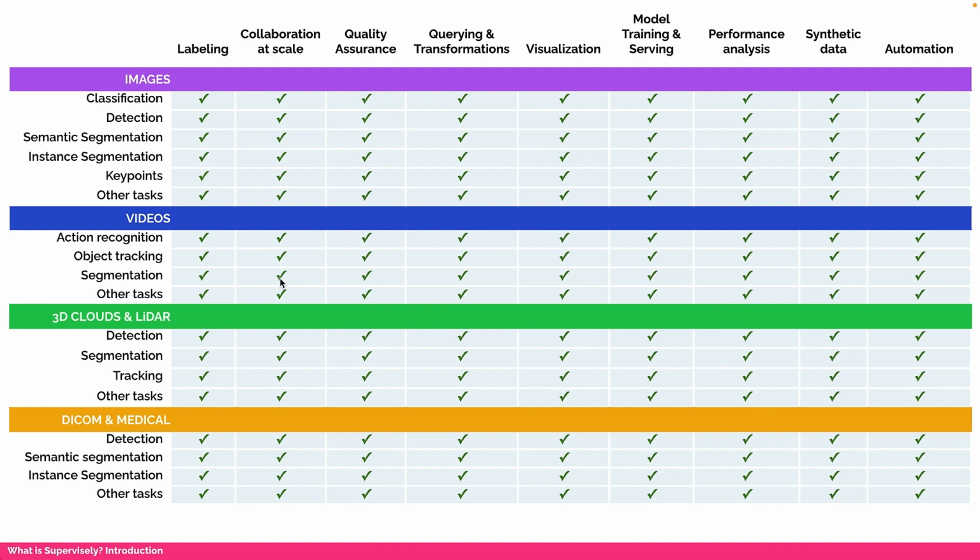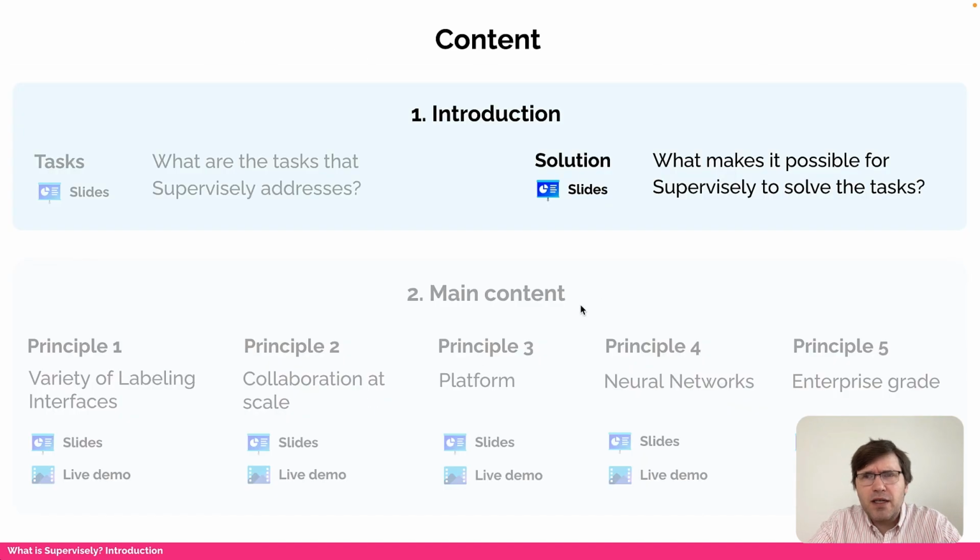And the problem is that, say, the software to solve the classification labeling task on images is very different from the labeling interfaces, say, for detection for LiDAR data. So that's quite a challenging task, quite an ambitious goal, I would say. So let's see how we approach the solution, how we address this goal.